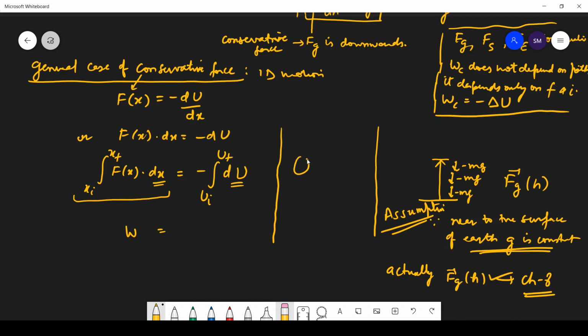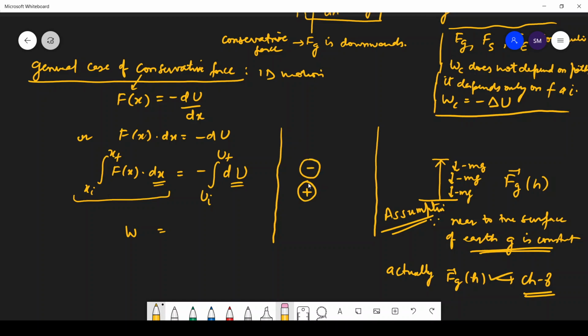Suppose you have a positive charge and one more charge, and let me take it negative. It will be better for you to understand. This is a positive charge and this is a negative charge.